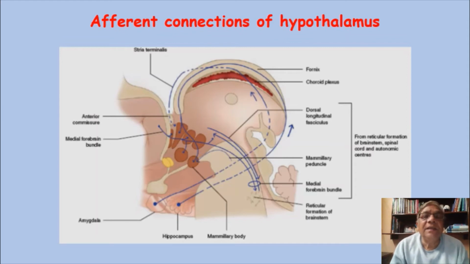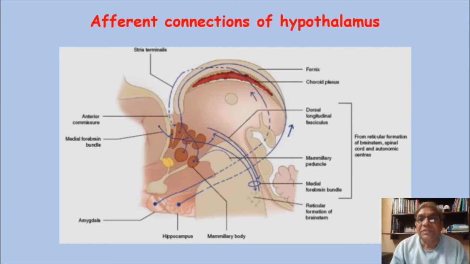And lastly, we will learn the connection of the hypothalamus with the thalamus. The fibers from the thalamus are coming from the anterior nucleus. We had seen that the thalamus is divided into three parts: anterior nucleus, medial nucleus, and lateral nucleus.